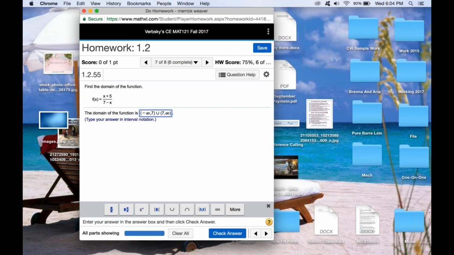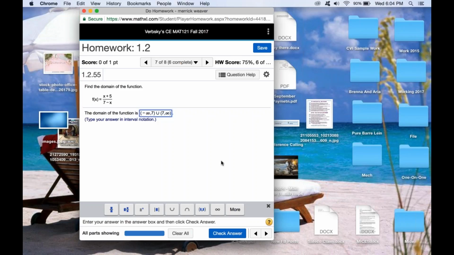And then the rest of the interval is we can go from 7 to infinity, but also not including 7. And that's why there's a parenthesis around 7. It's because it cannot be 7. If it could be 7, we'd use a bracket, not a parenthesis.